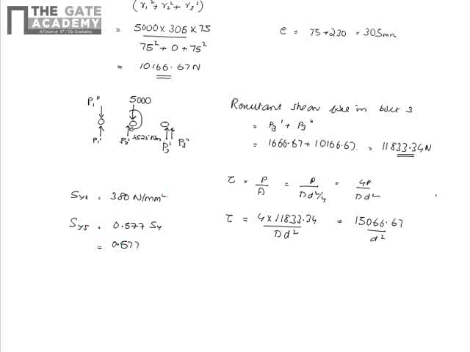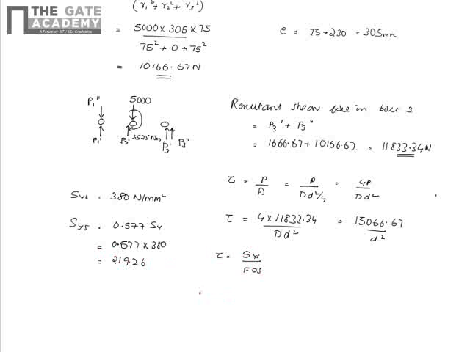This will be 0.577 into 380, which is 219.26. So my shear stress will be equal to the yield strength in shear divided by factor of safety.